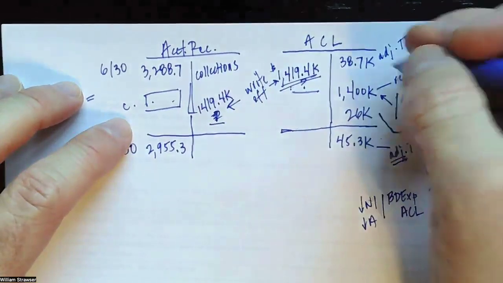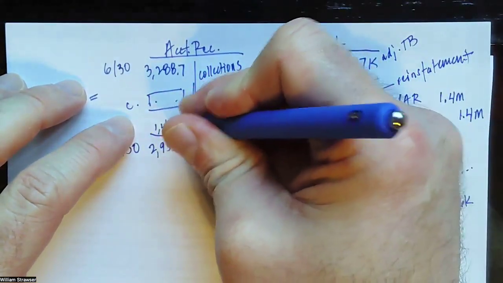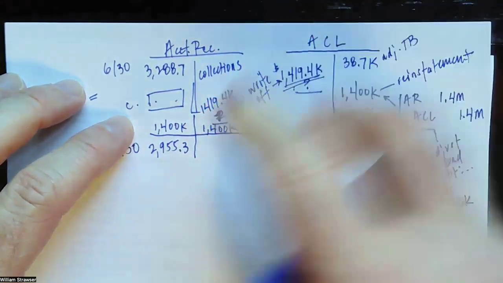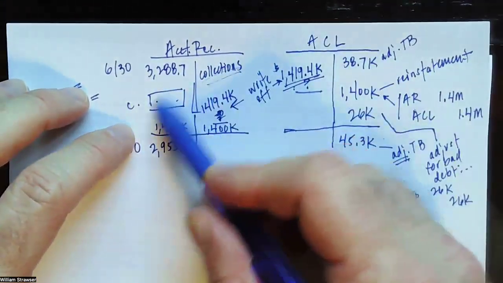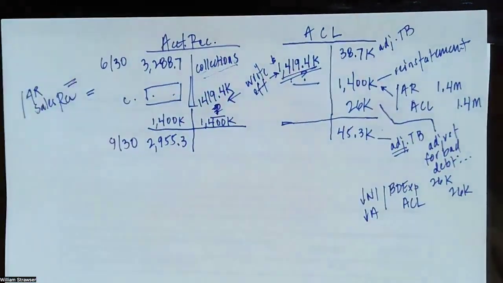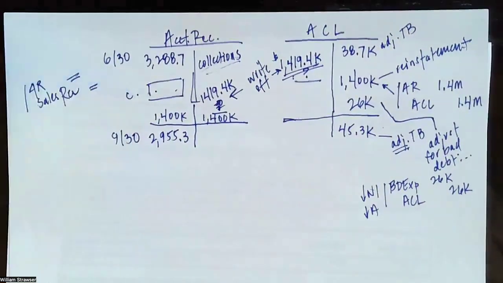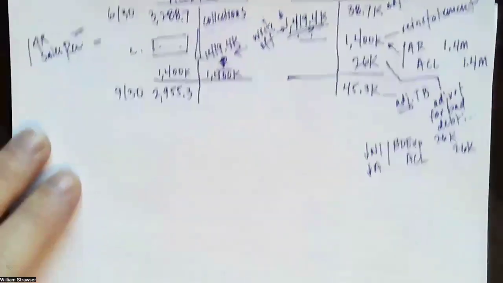And so that would have just been 1,400,000 here and 1,400,000 here. So then all you need to do is grab the collections piece and then solve for your amount of credit sales that must have gone in as a debit on your accounts receivable. Okay, so try through that.